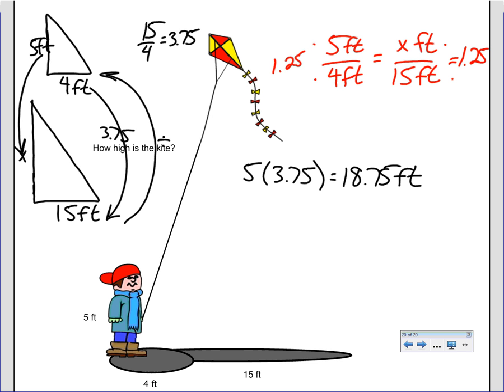Please do not get freaked out by the fact that we've got this weird drawing of a kid and a kite, and we've got to find out how tall the kite is. It's the same thing as if we just put it up as 2 triangles and find the missing side. Same with a mirror problem. A mirror problem would be this. We've got two triangles that face each other and they're similar.